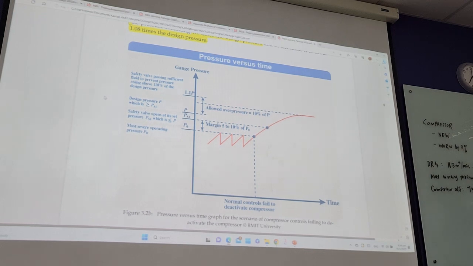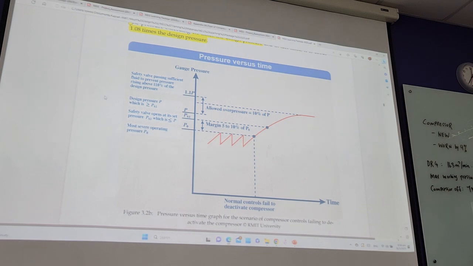Alright, so in this case 790 plus 10% is about 869.